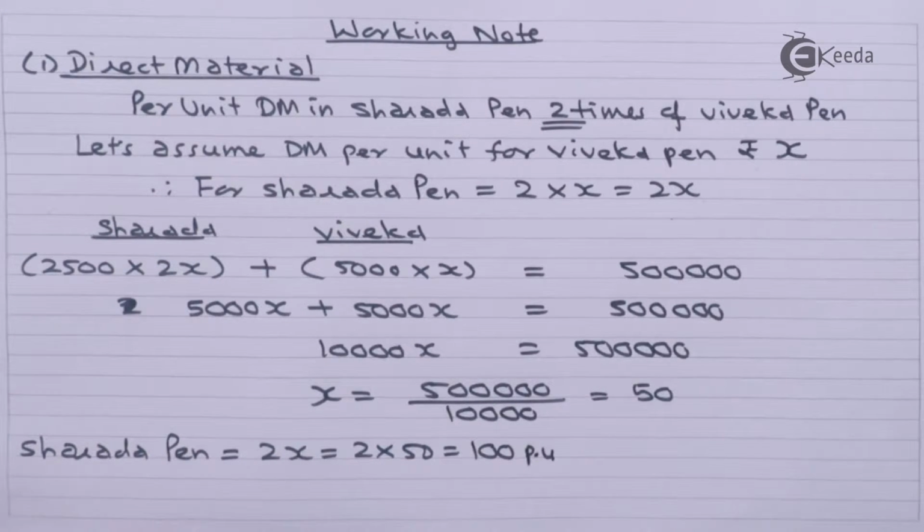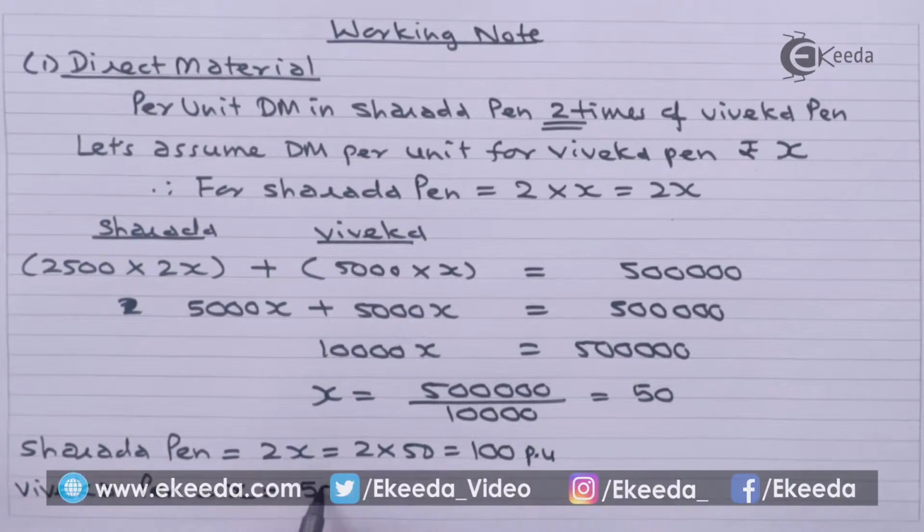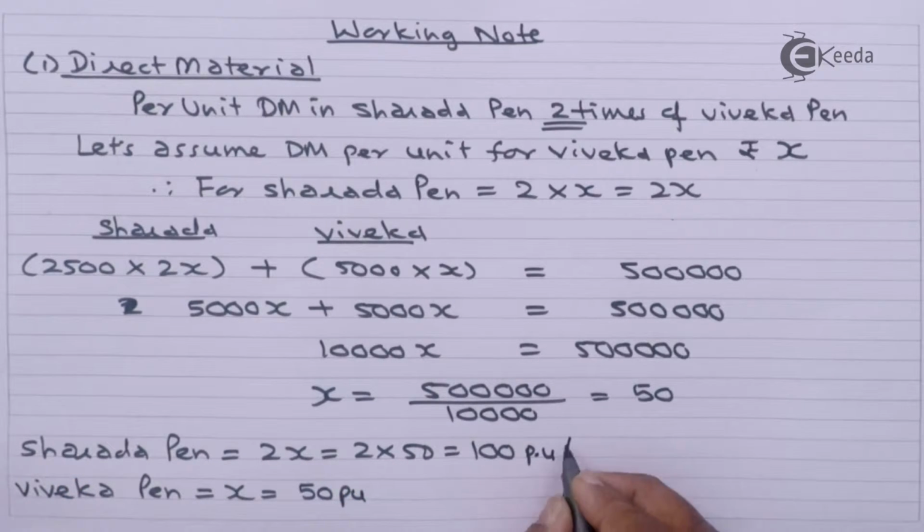So in case of Sharda pen, 2x per unit, that is 2 multiplied by 50, it will be 100 rupees per unit. In case of Viveka, it is per unit x, that is rupees 50 per unit. We can calculate total.